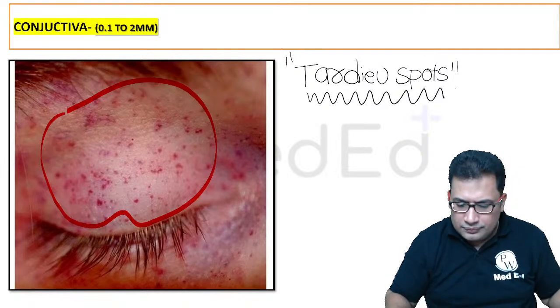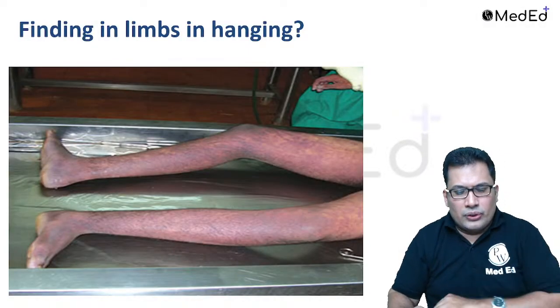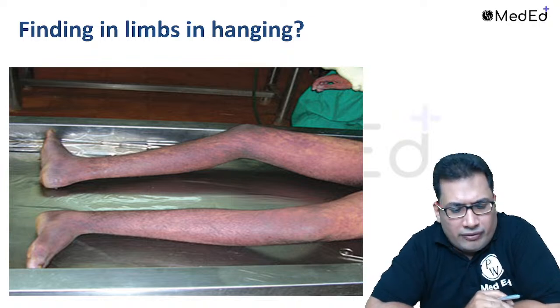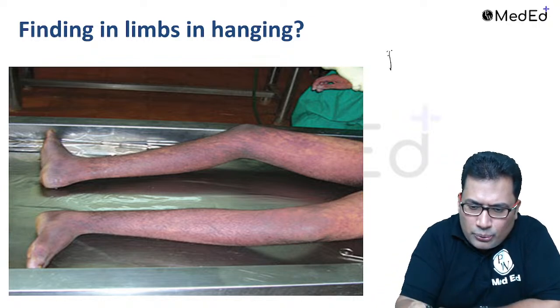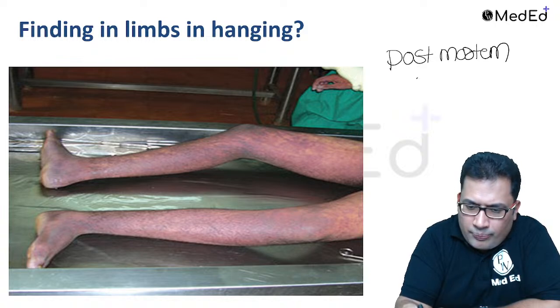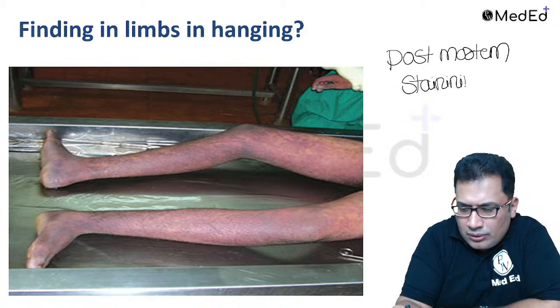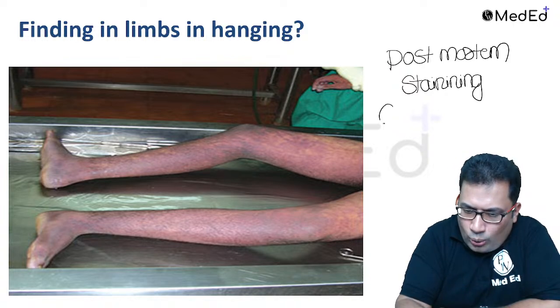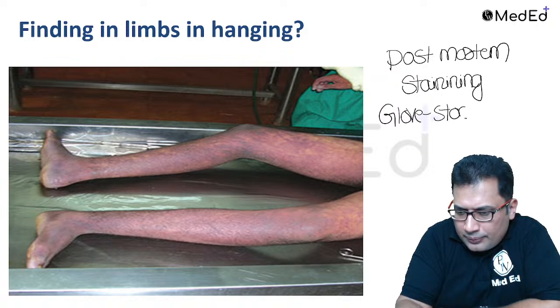So this is the finding in case of hanging that we discussed already. And this is postmortem staining. Postmortem staining. Glove and stocking type.